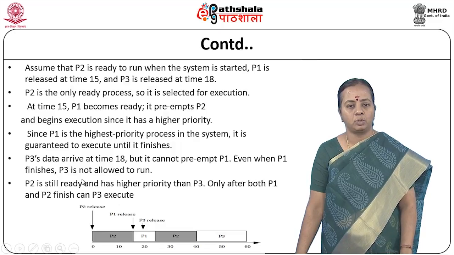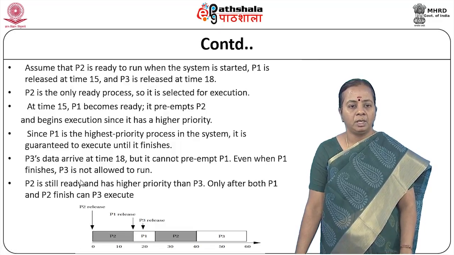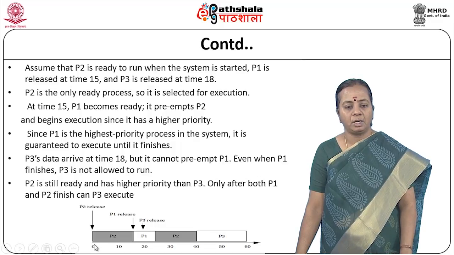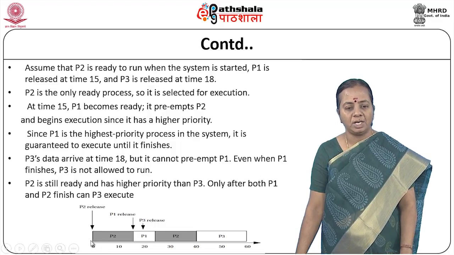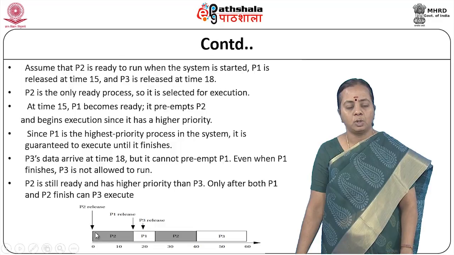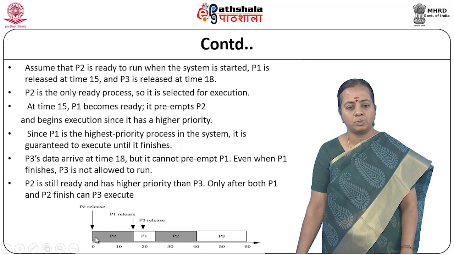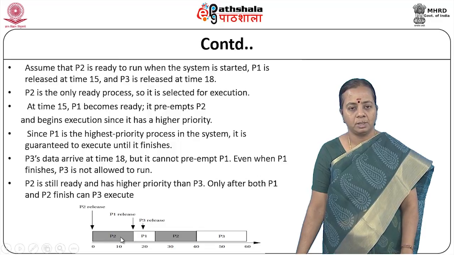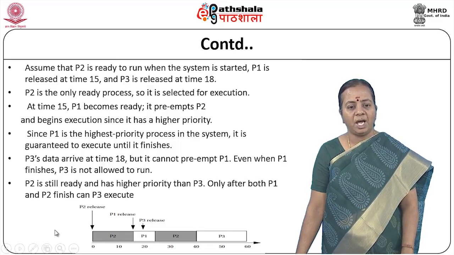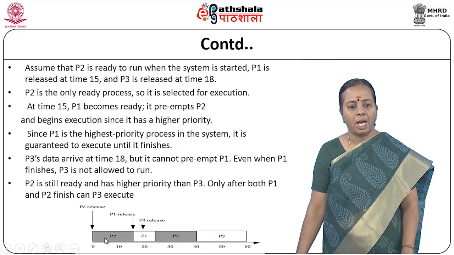P2 is first ready to run when the system is started, and P1 has not yet been released, so P2 is scheduled for running. Remember, P1 has a higher priority than P2, and P3 has a lower priority than P2.